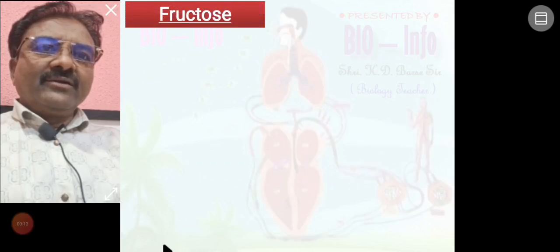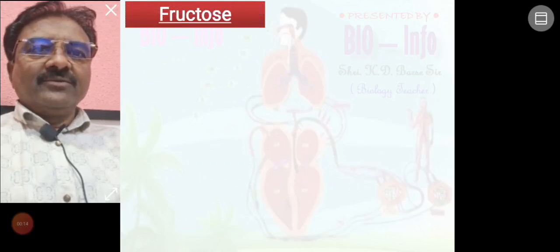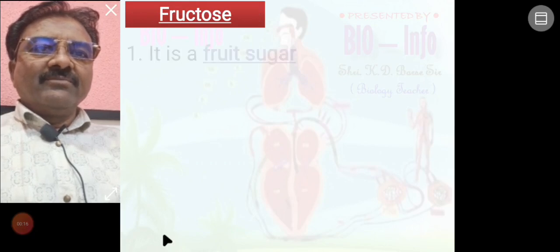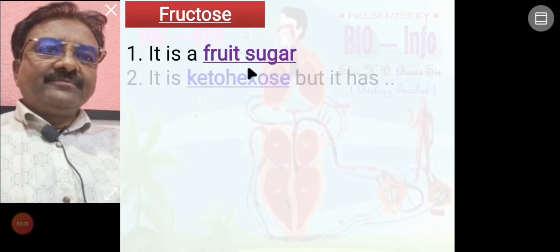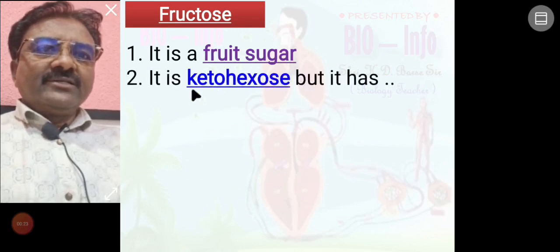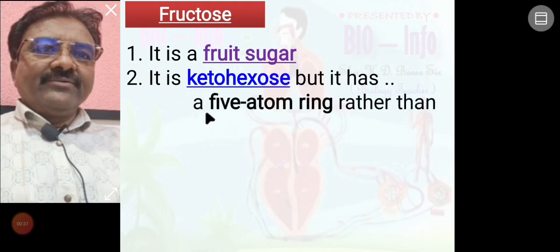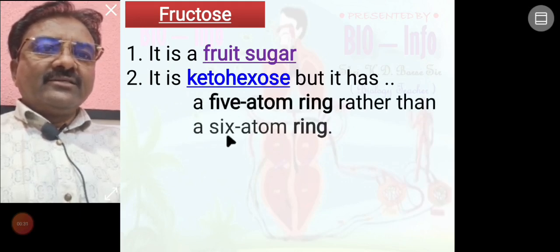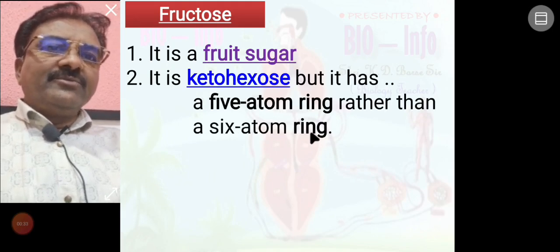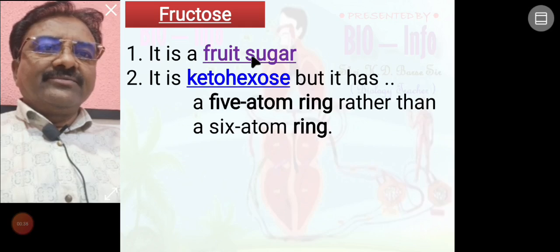Now we learn fructose is also one of the monosaccharide 6 carbon compounds. It is a fruit sugar. It is a ketohexose, but it has a 5 atom ring rather than a 6 atom ring. This is the most important characteristic feature of fructose.